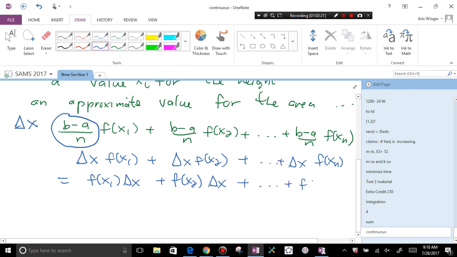Add up n of these. And then we'll use summation notation. This is equal to the sum, looks like I'm just adding up, i equals 1 to, where do I finish? n, of f of x sub i times delta x.